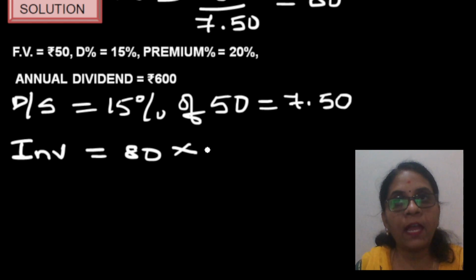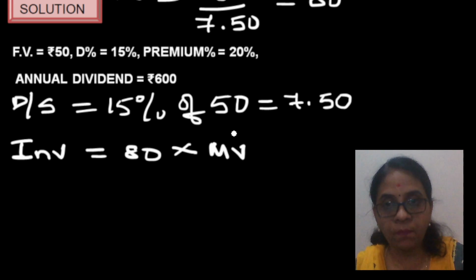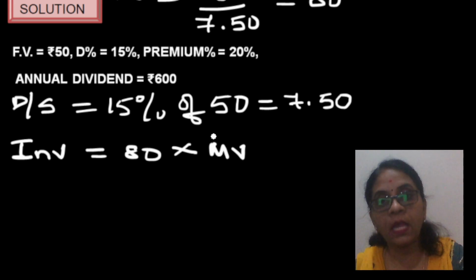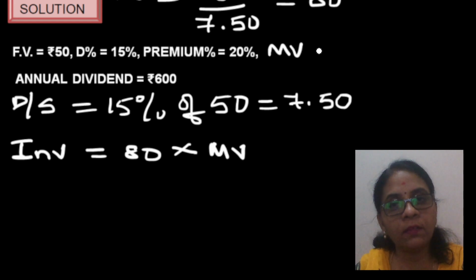So what will be the market value? Now, the market value of this particular share is above par, at premium. So if the face value is 50, premium percent is 20%, the market value becomes what, children?